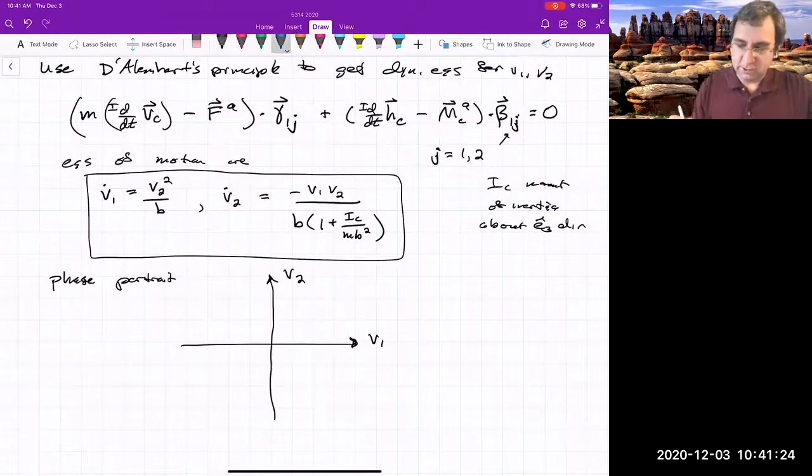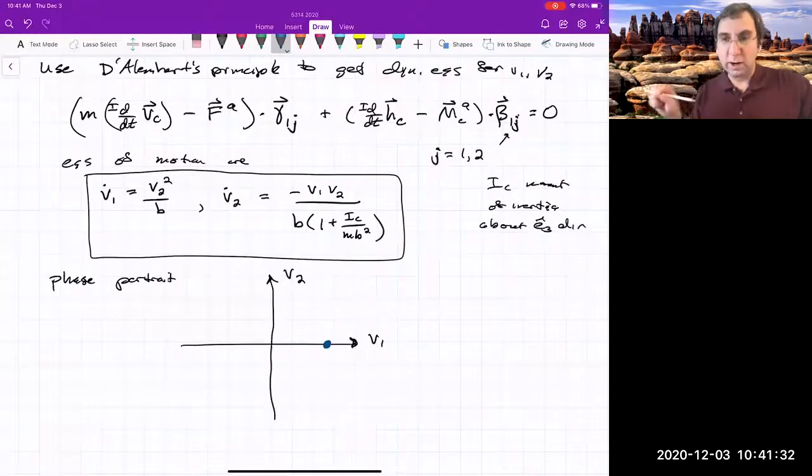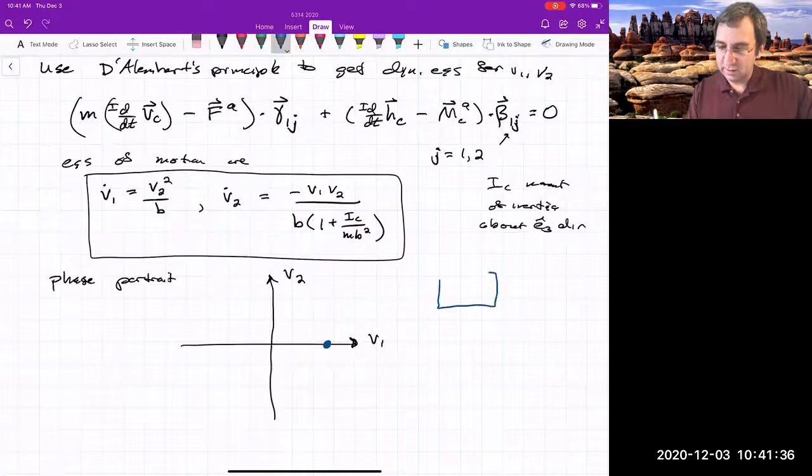If you start out going in the V1 direction, what's the positive V1 direction? That means I'm kind of doing a sketch of a car. Here's E1, here's E2. It means you're going this way. V1 is positive. That's actually stable.